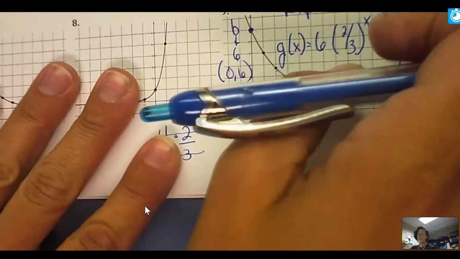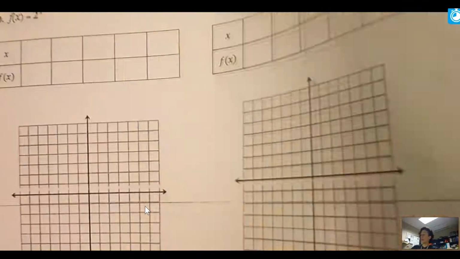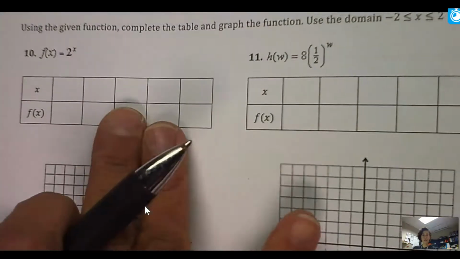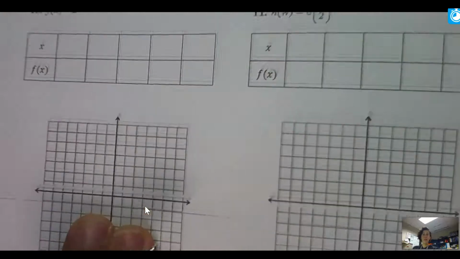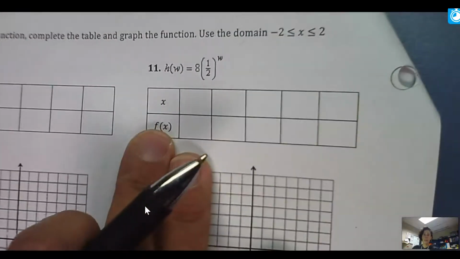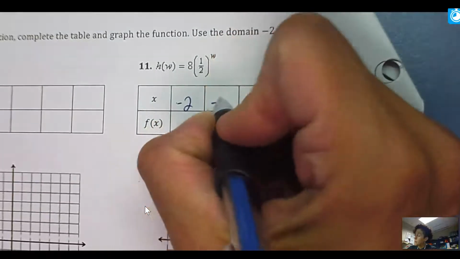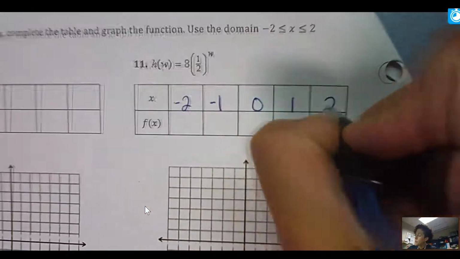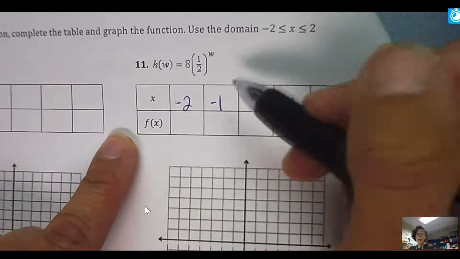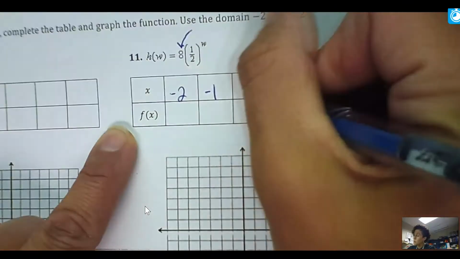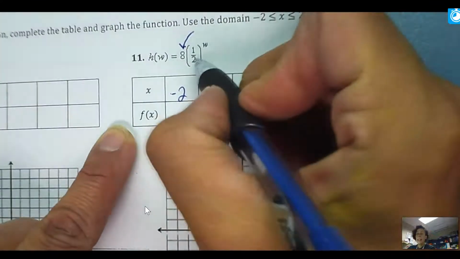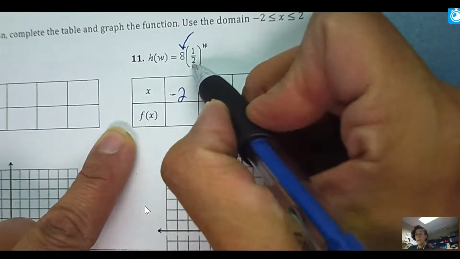So you're going to be doing page 5. And then on page 6, you are given the equation, and then you make your table, you draw your graph. So for instance, like on this one, number 11, on all of these, I'll go from x being -2 up to x is 2, and I can figure these things out because I can see my y-intercept, so 0 will have 8, and then I can see what they're going to multiply by each time, a half.